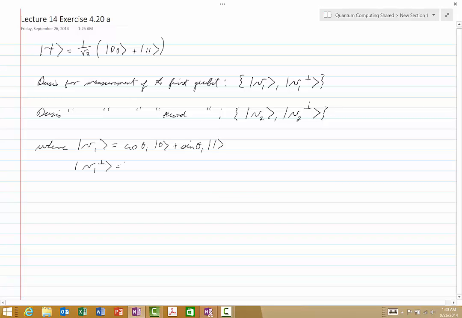V1 orthogonal is minus sine theta 1 |0> plus cosine theta 1 |1>.